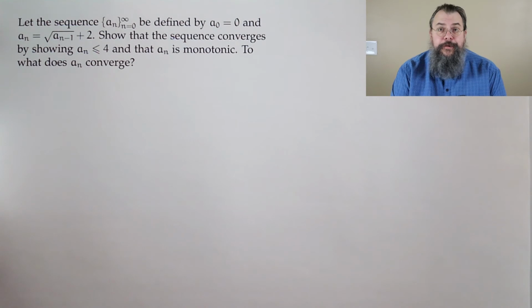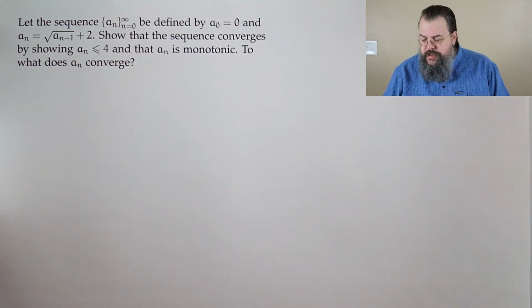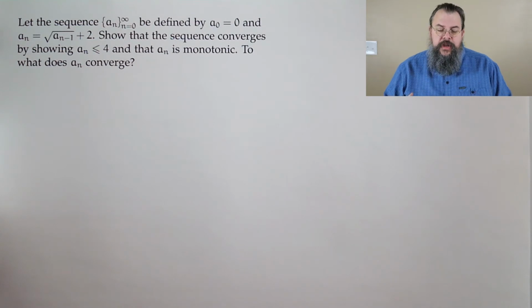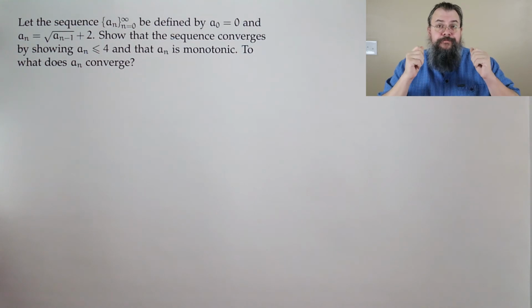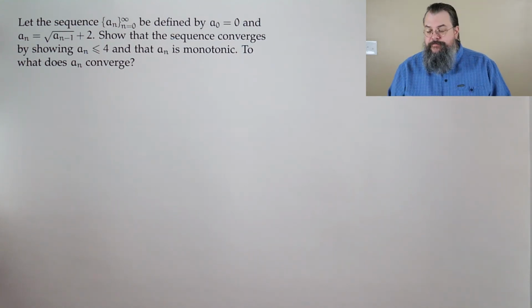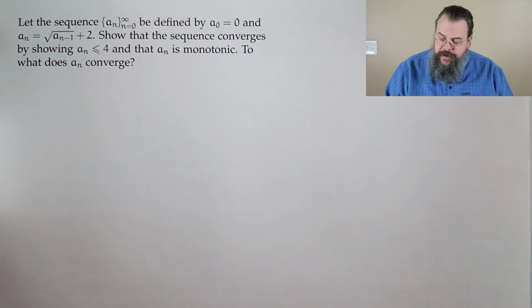All right, well this should be interesting. We want to prove it converges because we're going to show it's monotonic, which means it has one behavior, either always going up or always going down, and it's bounded. Monotonic plus bounded says you must converge to something. And then we have to say what it converges to.